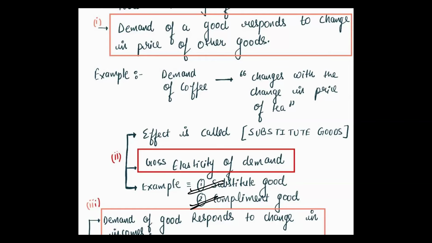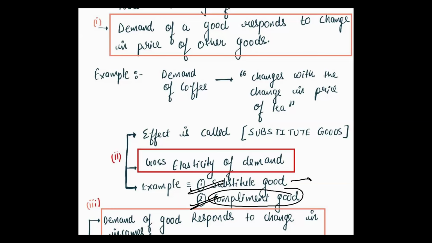So whenever there is an increase in price of a substitute good, the quantity demanded of that good will increase. Whenever there is a decrease in price of a complement good, the demand for that good will increase. We have taken the example of Kindle and ebook. We have taken the example of Pepsi and Coke. You can relate it.